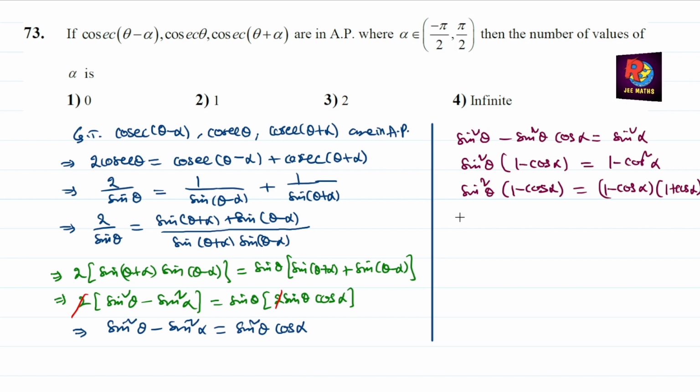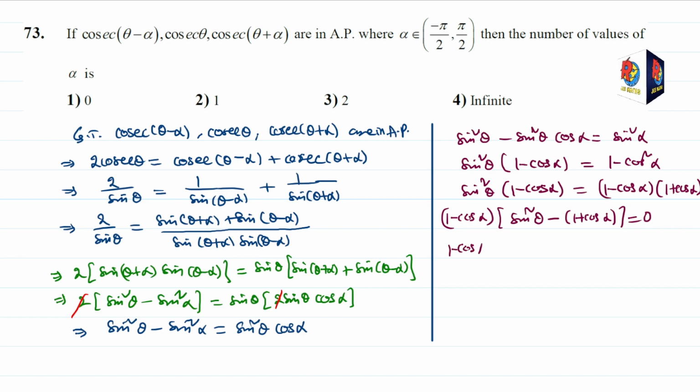If I take everything to the left hand side and take 1 minus cos alpha common, then sin square theta minus 1 plus cos alpha equals 0. So 1 minus cos alpha equals 0 and sin square theta equals 1 plus cos alpha.